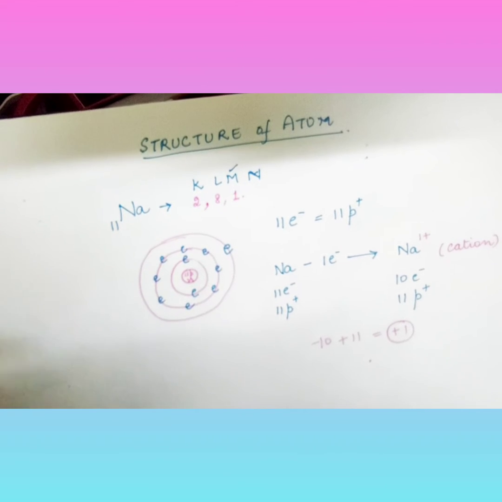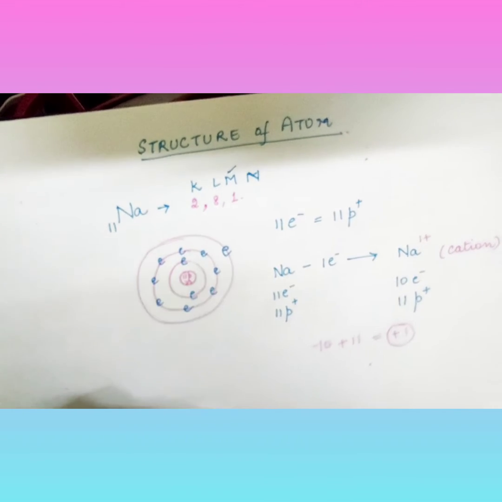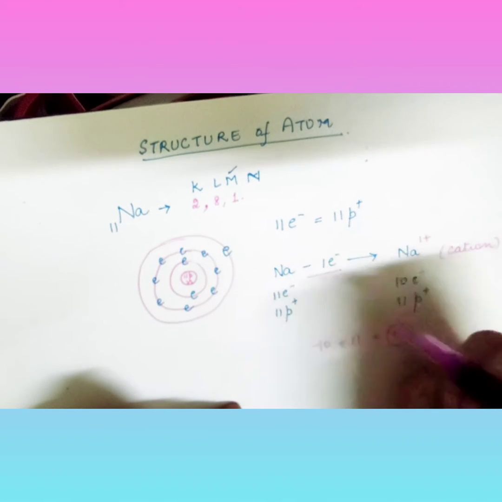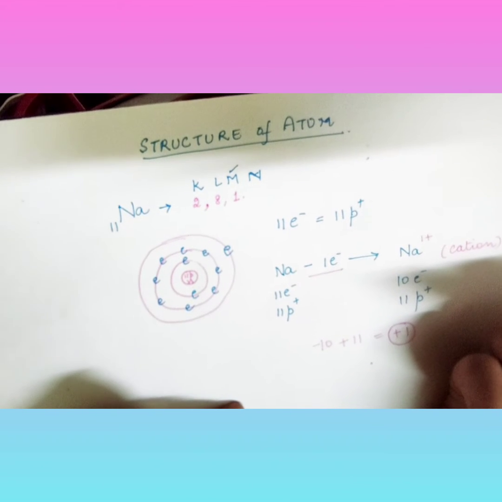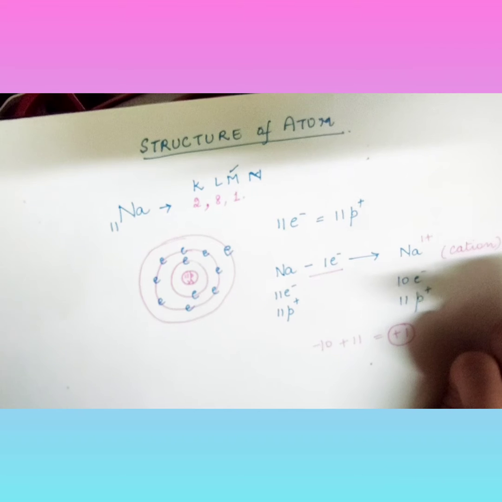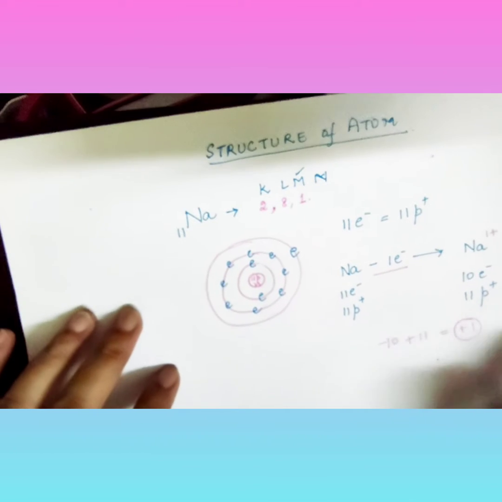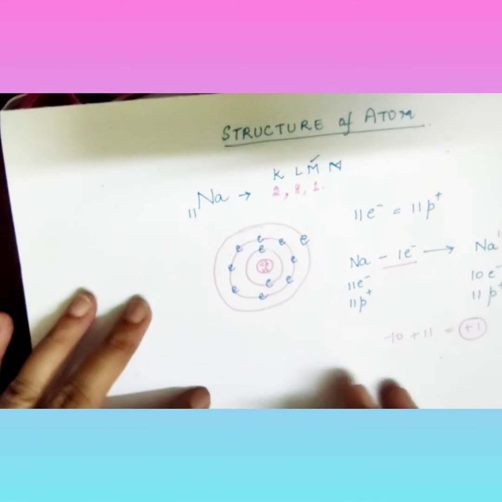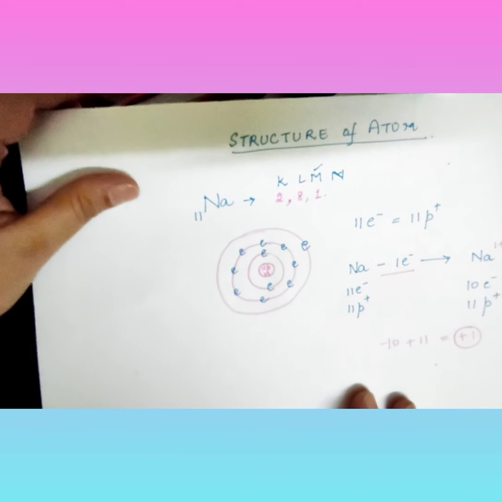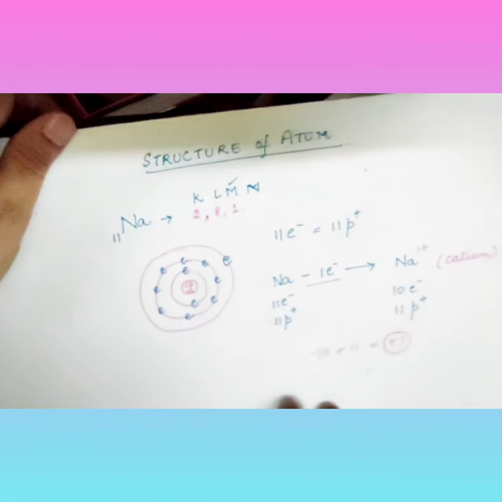Okay, so this is how an atom gets positively charged, right, and becomes a cation. And the case is when it loses 1 electron. Okay, 1 or more than 1 electron. Similarly, if we look at magnesium, it loses 2 electrons and becomes Mg2 positive.